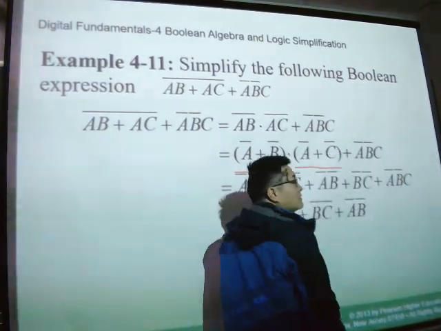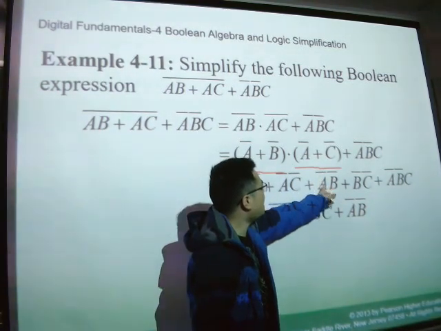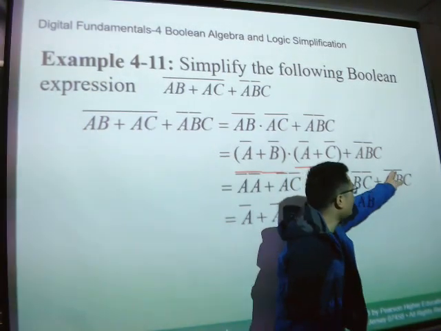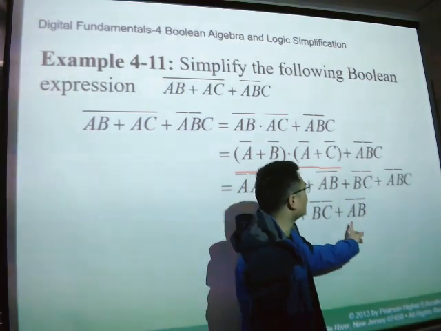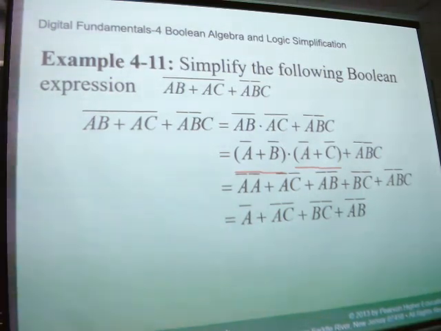And this A bar B bar is the common factor, right? So these two terms equal A bar B bar, because 1 plus C equals 1.